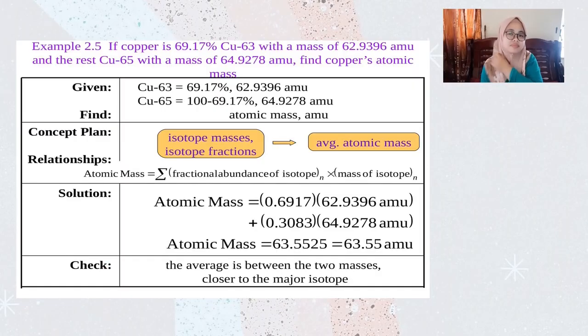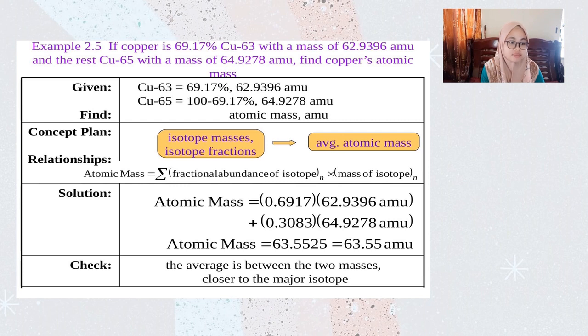I choose copper as an example for atomic mass, copper 63 and 65. You can use the atomic mass formula: fractional abundance of isotope times mass of isotope.